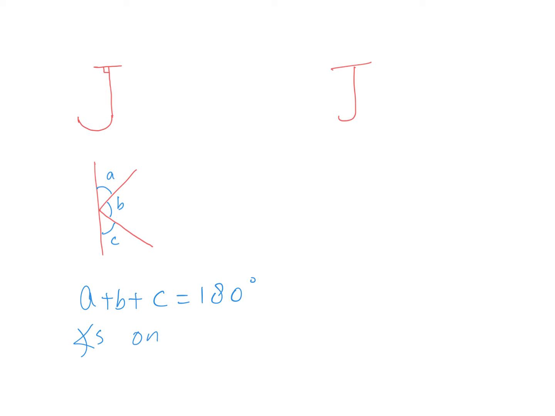Angles on a straight line. L is just a horizontal and a vertical.